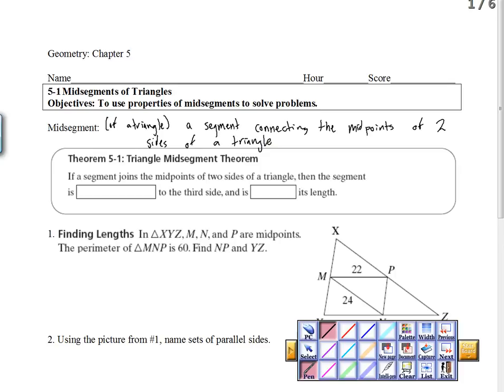The midsegment of a triangle is a segment connecting the midpoints of two sides of a triangle.